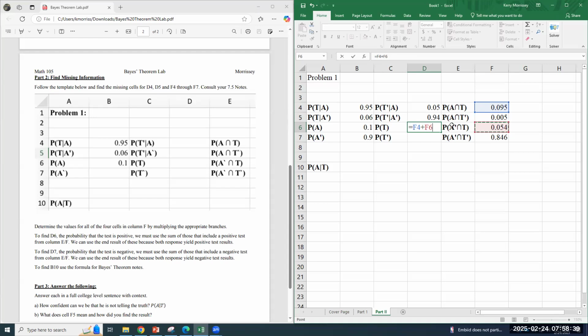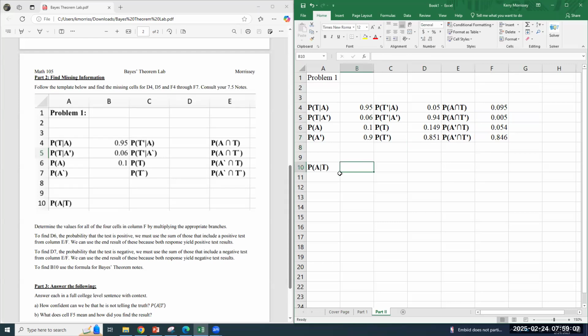Notice that the drug doesn't matter so much, but your testing positive result matters. And then again here, we don't really care about taking the drug or not, but we want to figure out all of the times where you tested negative. Therefore, we have F5, you tested negative, plus F7, again, you tested negative.